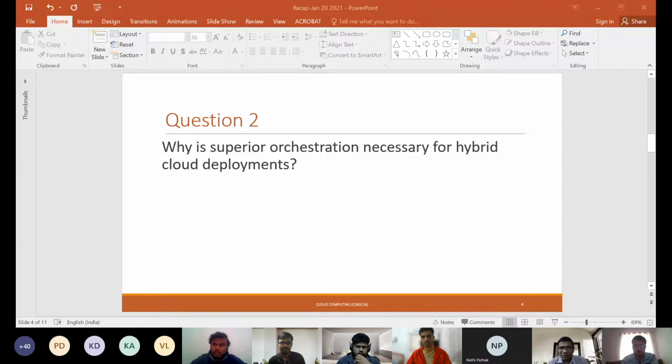Sudatta? Yes, sir. So mainly because, just like Snehal said, the public cloud is open to all, and there is a distinction between private and public cloud.